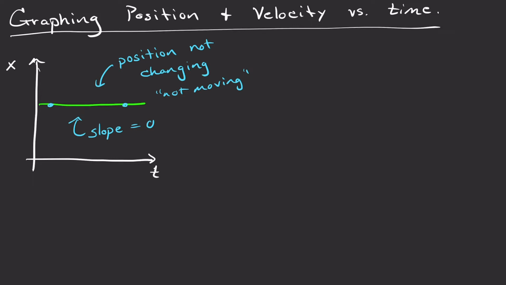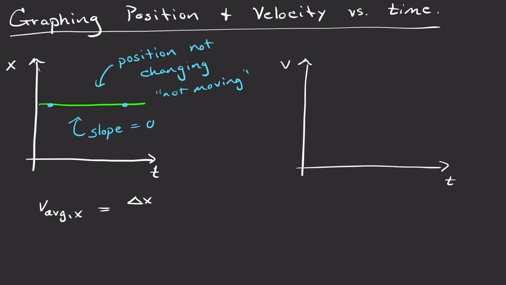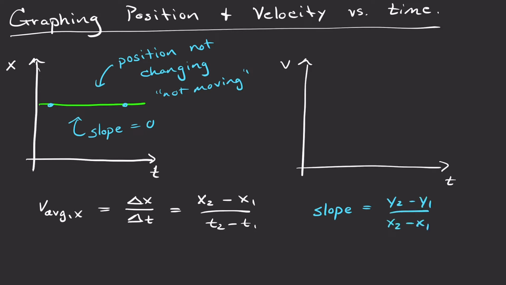Okay, well now if we wanted to get our velocity versus time graph, well first I want to look at my equation for average velocity. This was delta x over delta t. And if I write this in this way, x2 minus x1 over t2 minus t1, you should recall from algebra that the formula for slope of a line, when we have y versus x, is y2 minus y1 over x2 minus x1.